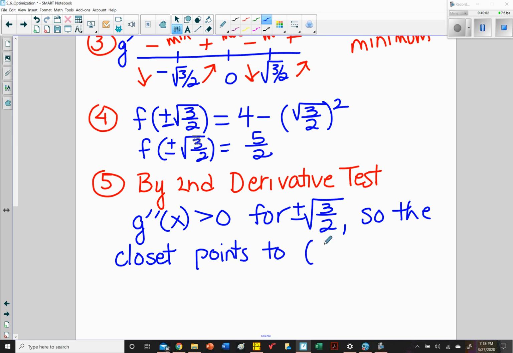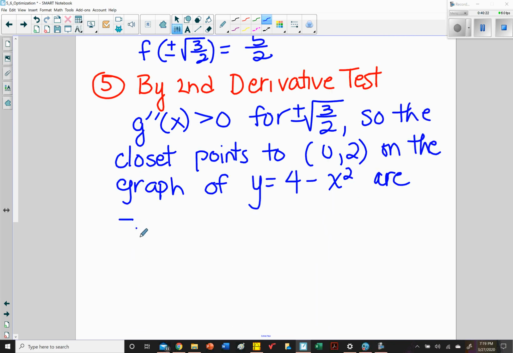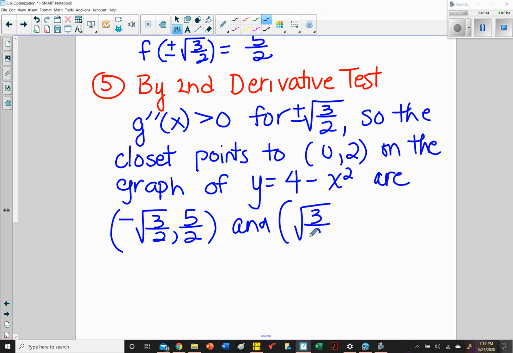to our target number, 0, 2, on the graph of the parabola, are negative square root of 3 over 2, 2.5, and positive square root of 3 over 2, 2.5.